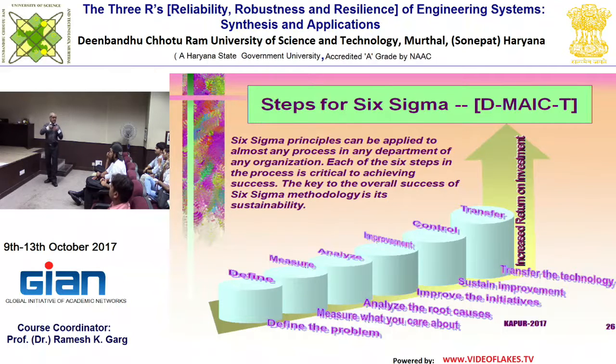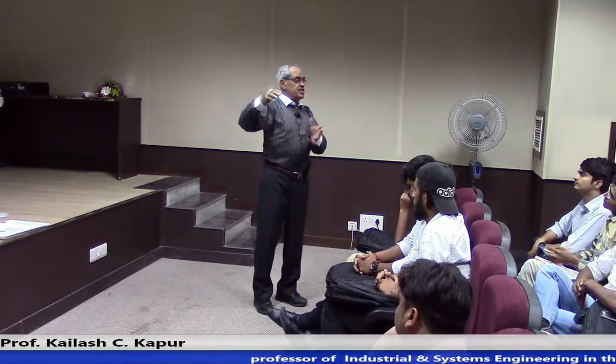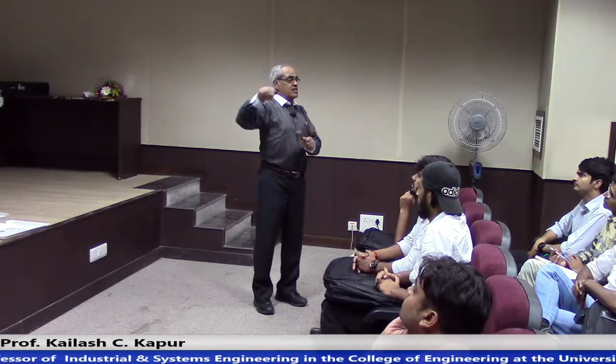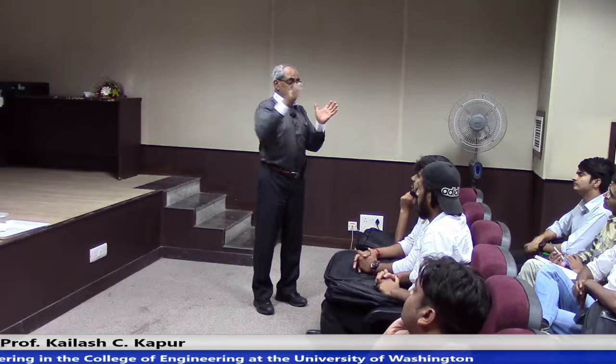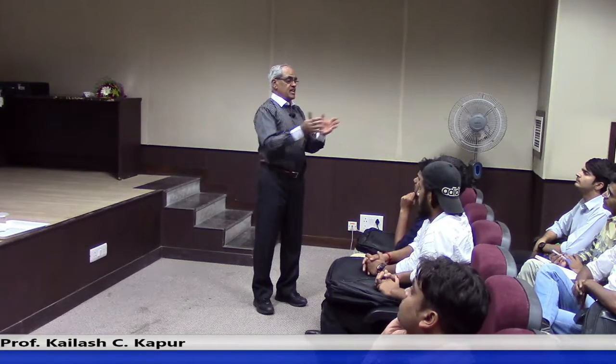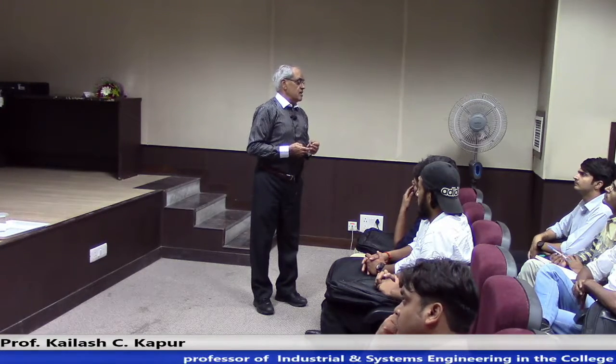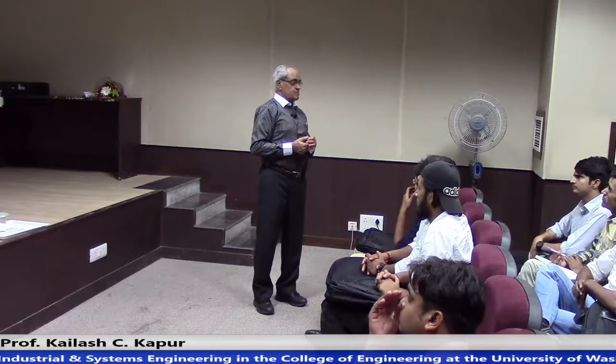So then this idea, this technology, we can transfer it to other departments in a company. Just like if I do research at GE or Motorola or Honeywell or any company, then they can take this idea and implement it in India in a factory. So many companies in India apply Six Sigma.